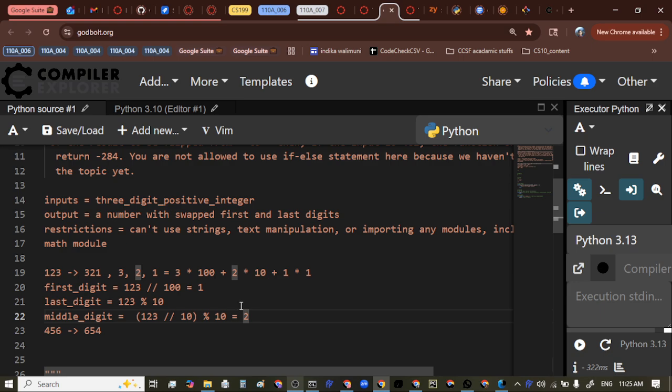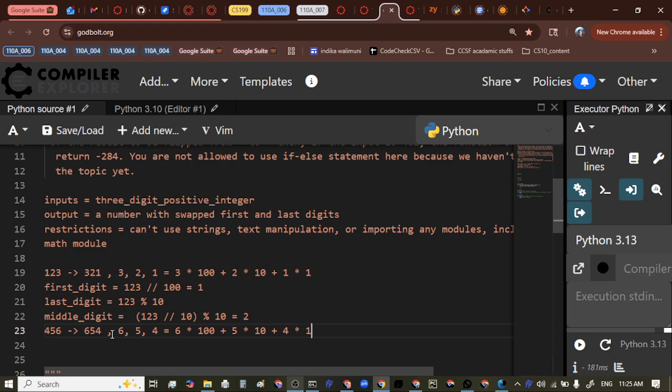So let's do the same for the other one too. I think it's 6, 5, 4. So basically what we get is 6 times 100 plus 5 times 10 plus 4 times 1.